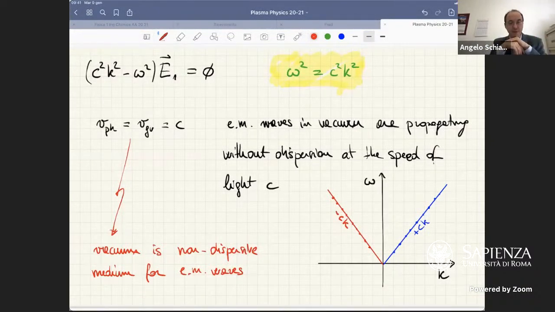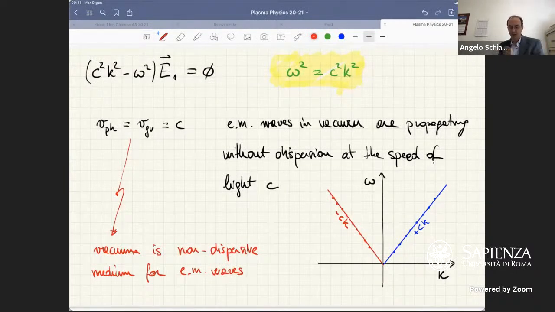And if you remember, the outer, very rarefied layers of the plasma are called the corona, and then the propagation will smoothly change from a usual electromagnetic wave in vacuum onto an electromagnetic plasma wave inside the plasma.